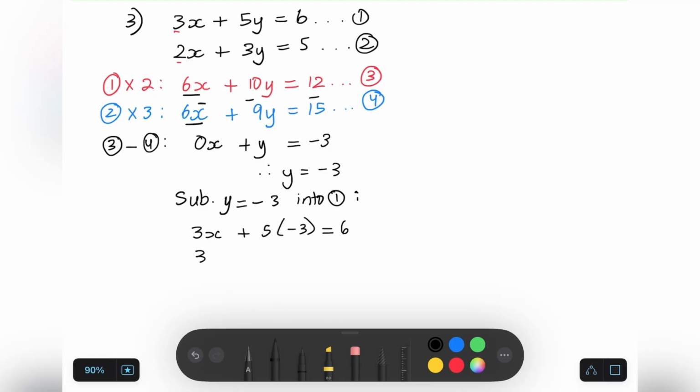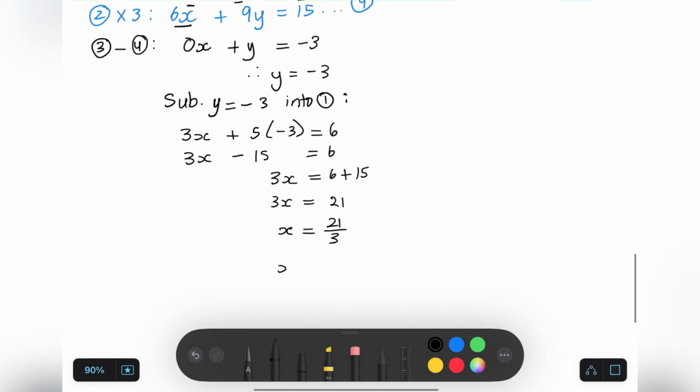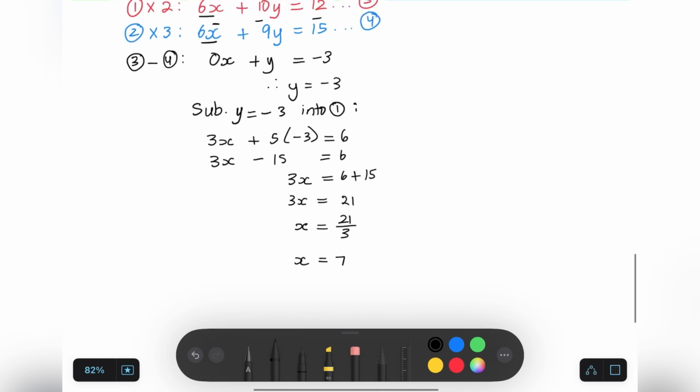So then 3x minus 15, because 5 times minus 3 is minus 15, is equal to 6. So then 3x is equal to 6 plus 15, which means that 3x will be equal to 21, and therefore x will be equal to 21 divided by 3, which leaves us with x is equal to 7.